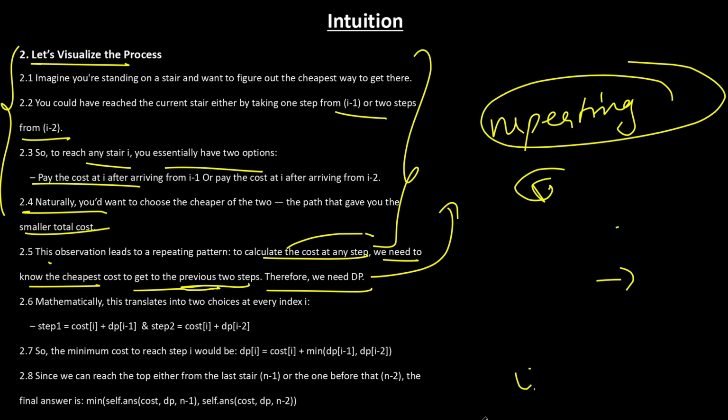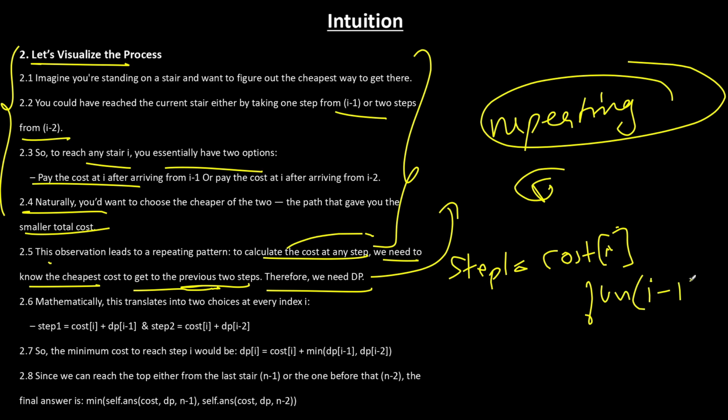Now how will the equation look, right? That's the important part. Suppose you take step 1: you're taking the cost of i which you have, and then you're calling the function with i minus 1, because in this scenario I have started from n, or you could say i plus 1, anything.